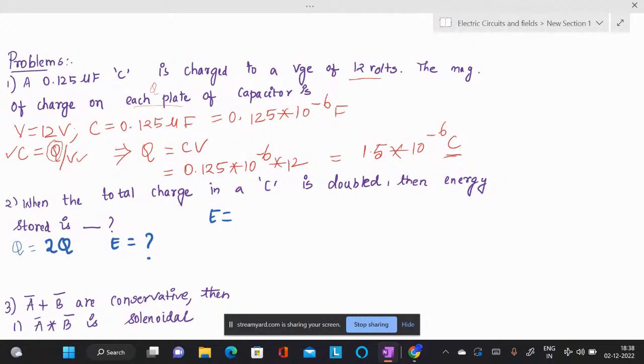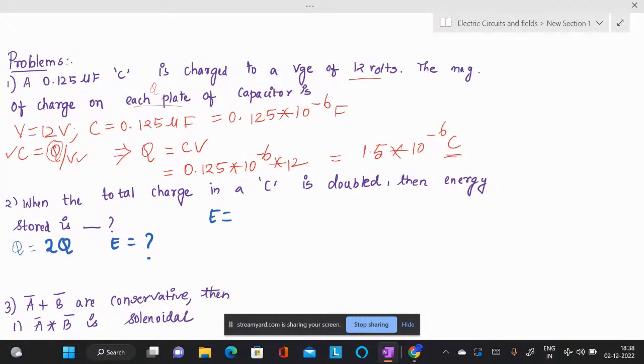Any idea? When the total charge in a capacitor is doubled, then the energy stored is?